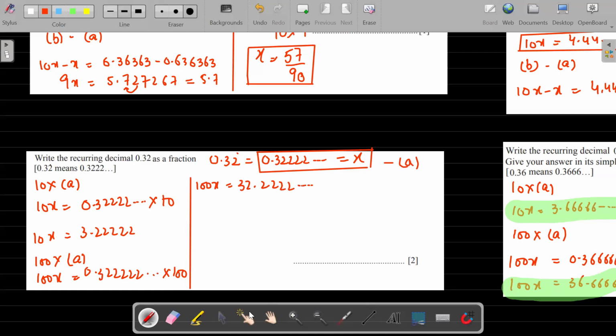Now this one is my equation B and this is equation C. I will choose a different letter for that.